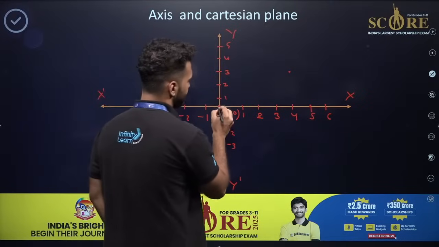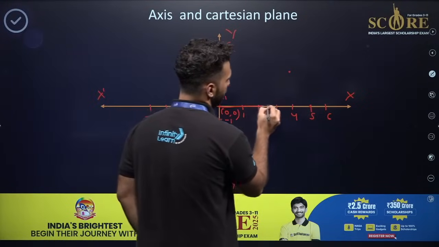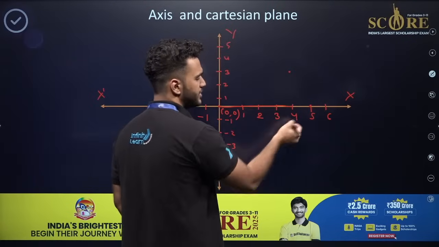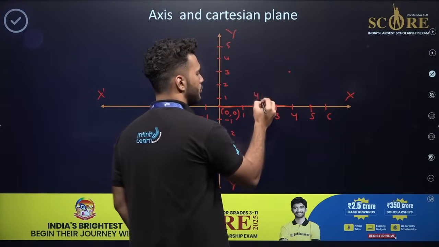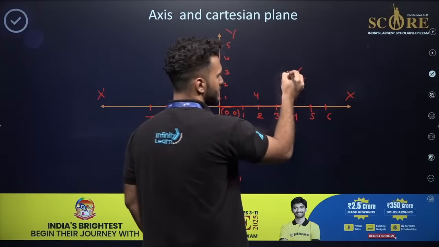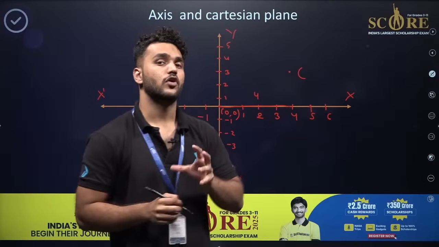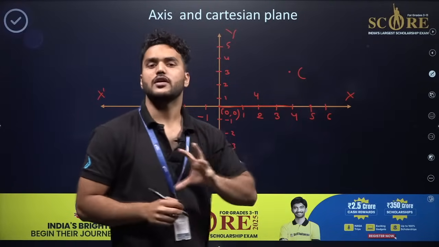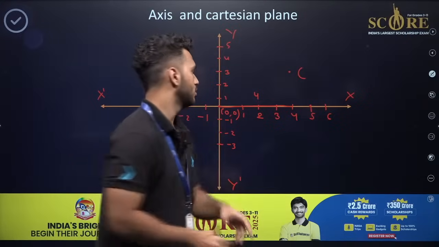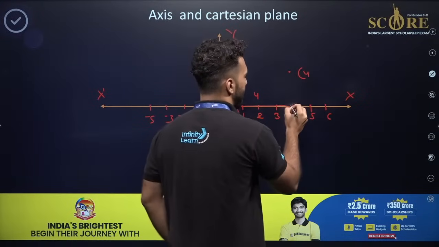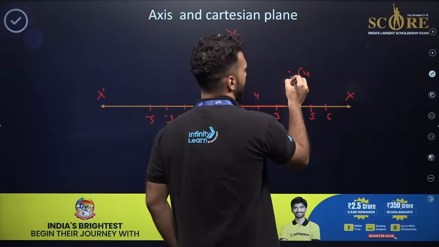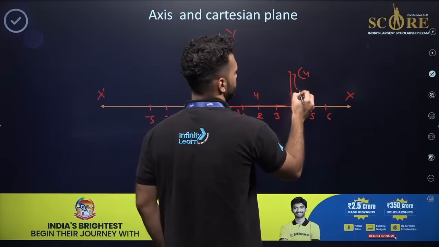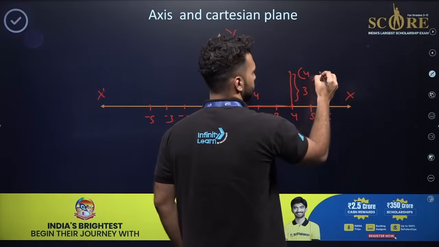If I go on the x-axis first, how much do I have to walk? Sir, 4 units. So the x coordinate value of this point will be 4. Now I have to go up. How much do I have to go? Sir, 3 units.